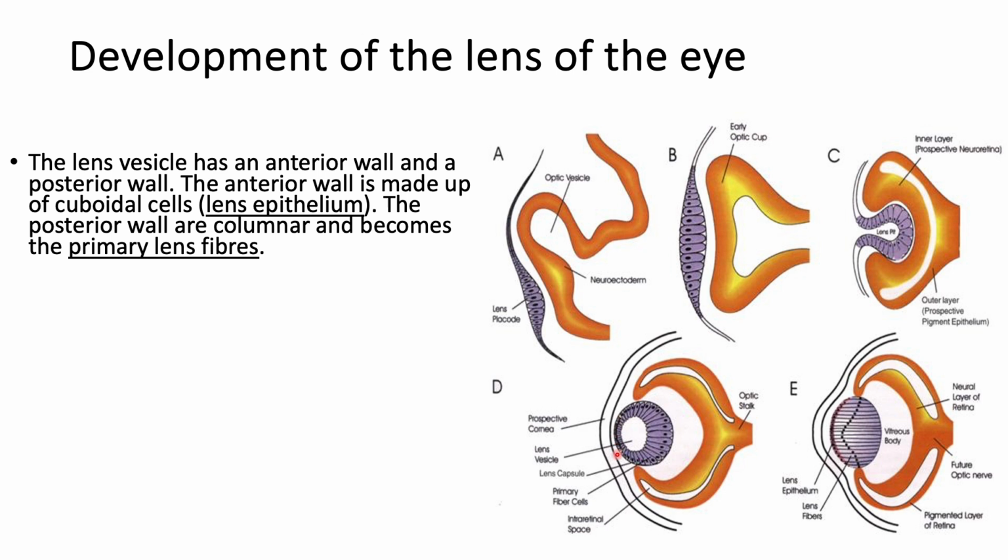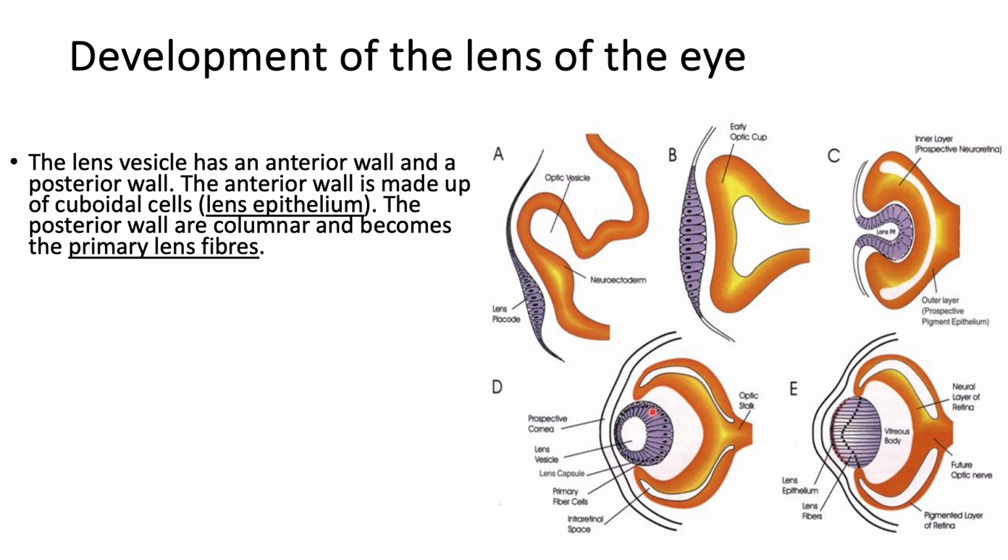That anterior surface is made up of cuboidal cells, and that forms what we call the lens epithelium. Whereas the posterior layer, which contains columnar cells, becomes the primary lens fiber. So you have the lens epithelium coming from the anterior cuboidal layer, and then the primary lens fiber coming from the posterior columnar layer.